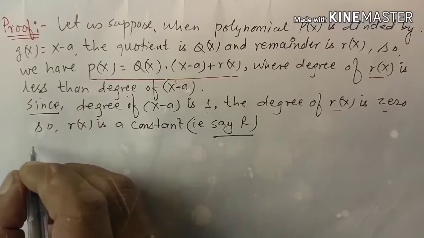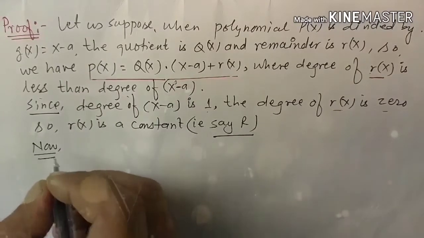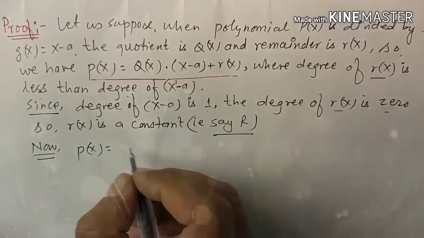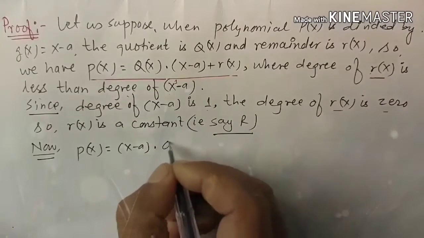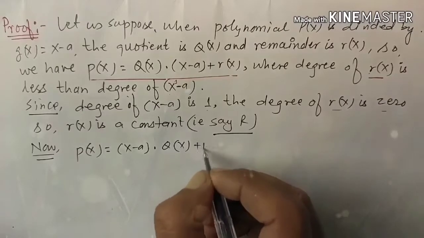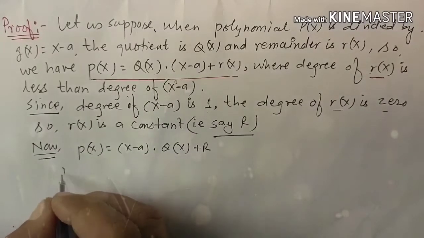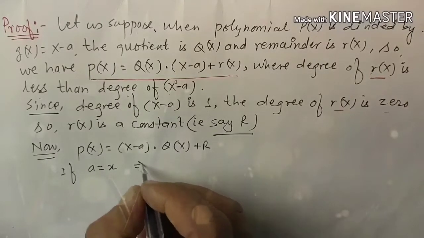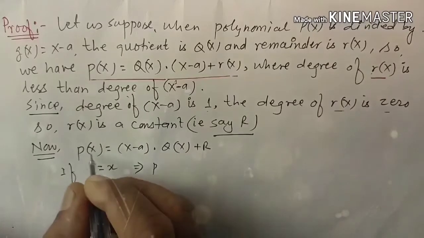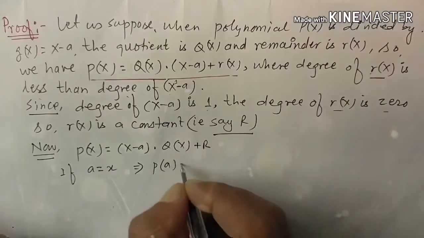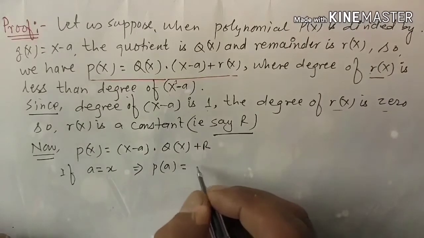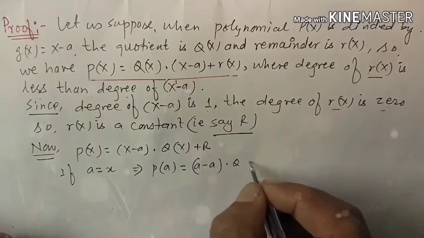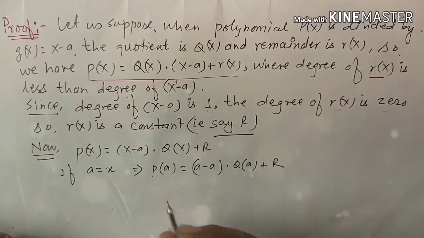Now we can write P(x) is equal to (x minus a) dot q(x) plus r. If x is equal to a, this implies that in place of x we write a: (a minus a) dot q(a) plus r.